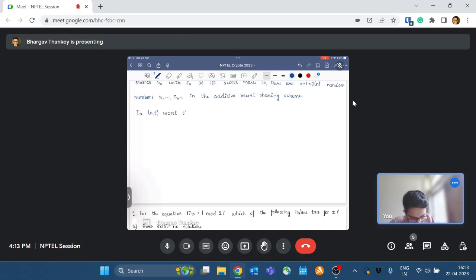Secret sharing n comma t is done using the replicated secret sharing scheme.